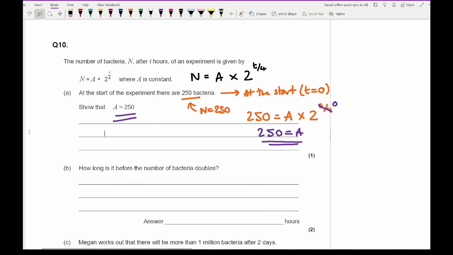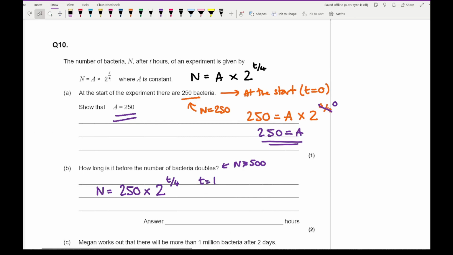It then says, how long is it before the number of bacteria doubles? Well, for it to double, we're looking for when N is 500. So all we have to do is guess numbers in. We've got the formula N equals 250 times 2 to the power of T over 4. So when T equals 1, let me substitute that in.